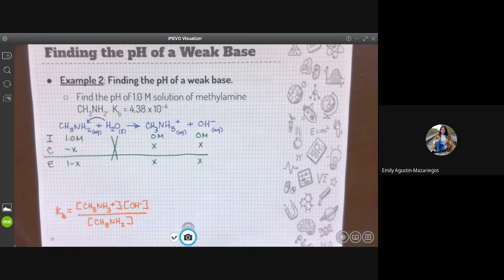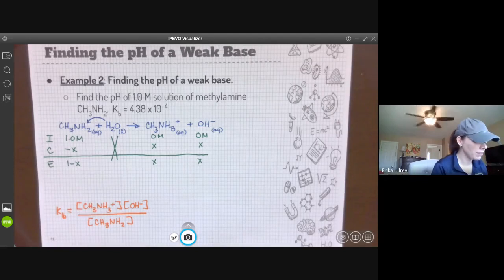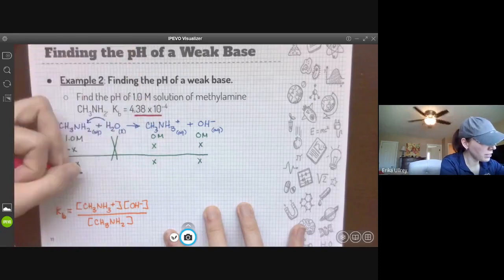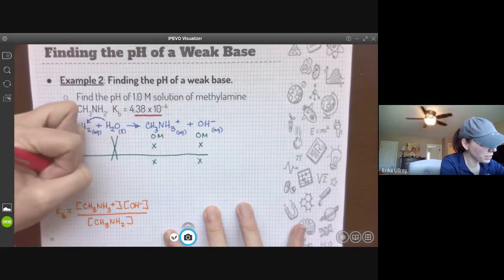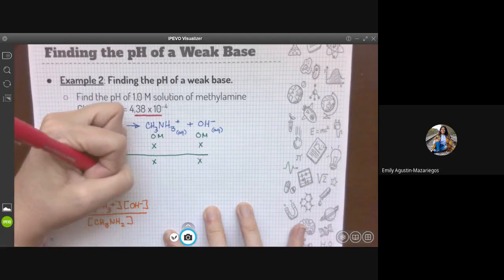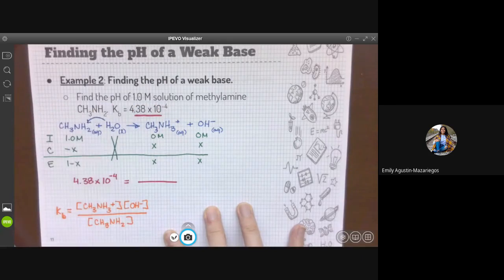Write it into our equilibrium expression. Yeah, so we're going to throw that into our equilibrium expression. So we have our Kb right here, 4.38 times 10 to the negative 4th. And what is that going to be equal to? At the top, x squared.